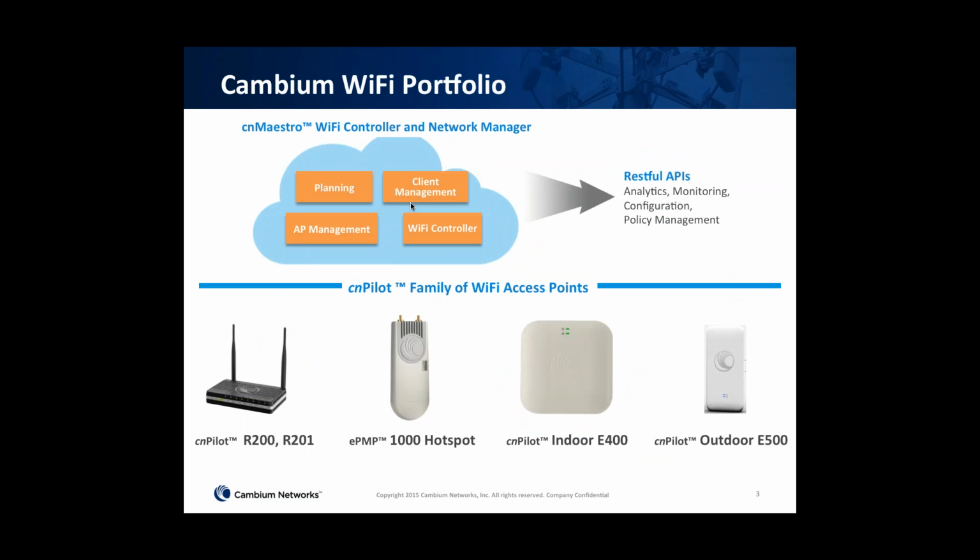The ePMP 1000 hotspot is the same hardware as the ePMP 1000 CSM, but with a software upgrade it can be changed to a Wi-Fi access point. So this is a single radio Wi-Fi access point. And then the cnPilot E400 and E500, dual radio 11AC access points. The E400 is for indoor enterprise use. The E500 is an outdoor device.